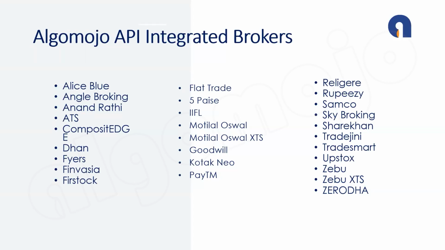For ICICI Direct, we have done the integration. When the issue of algorithmic trading started, discussions started happening with SEBI and NSE and the exchanges. They have put it on hold. They have still not opened it for users to use from Algomojo or other platforms to do API based trading.